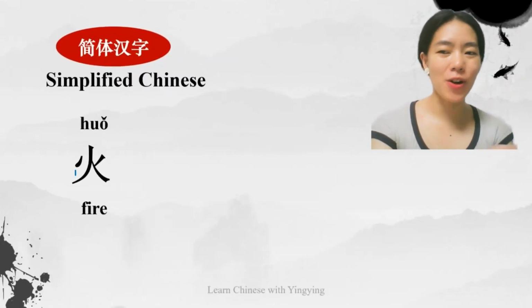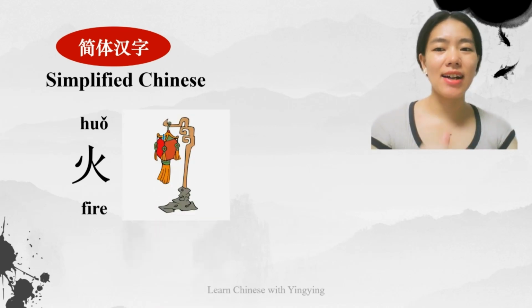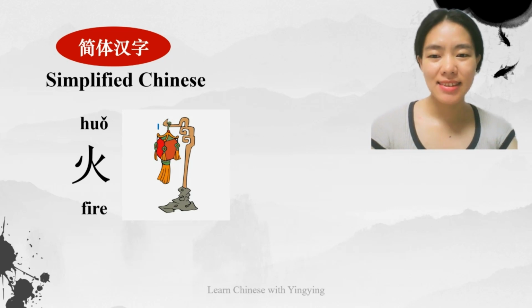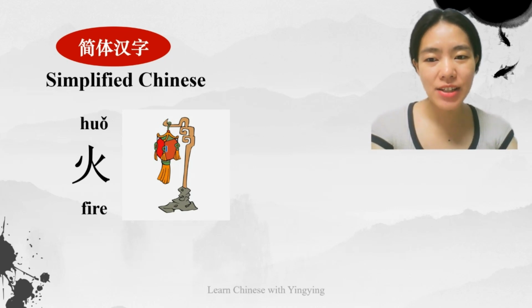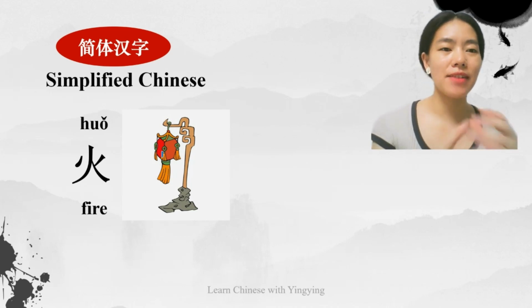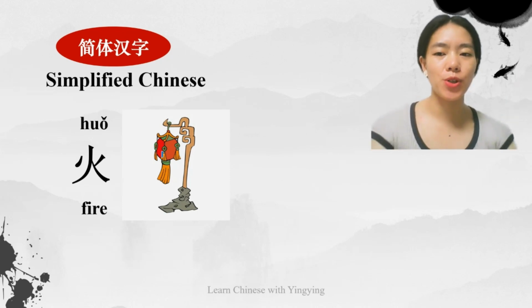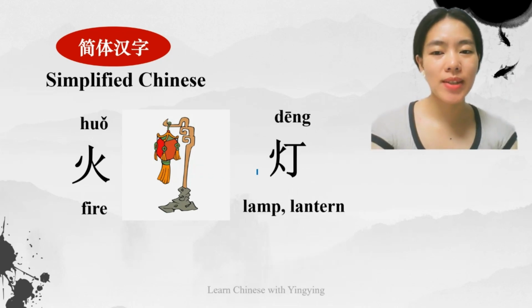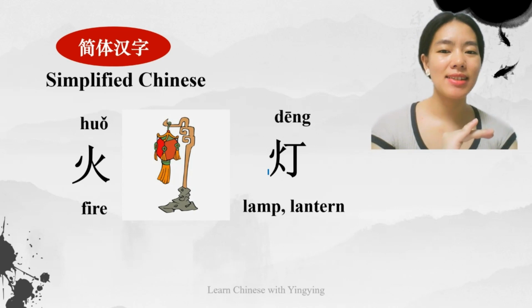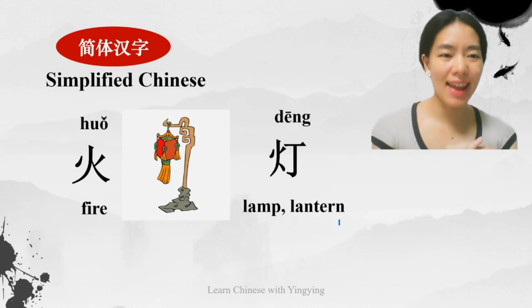Now I believe you've already remembered this word 火, right? So this is an ancient Chinese lamp or lantern. And inside of this lantern, it's fire, so it gives out light to brighten the road or the room for you. So the next word we are going to learn is lamp, lantern.